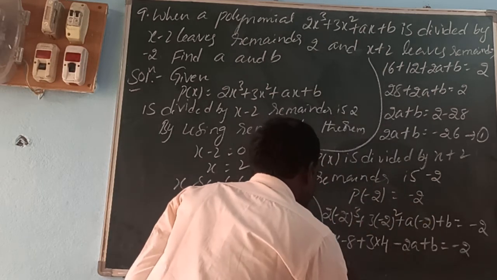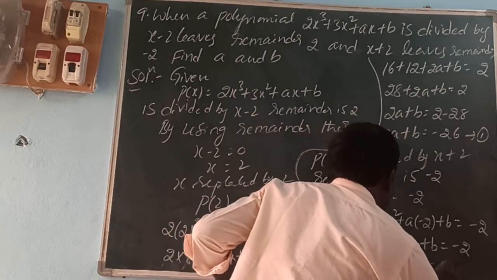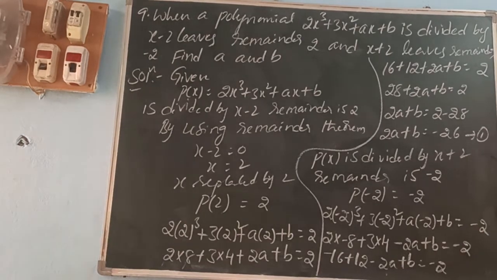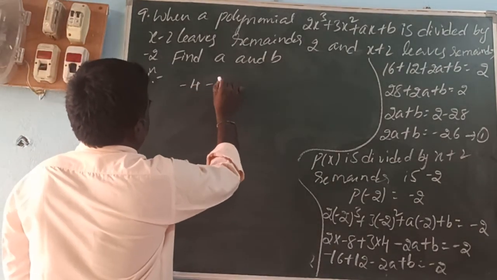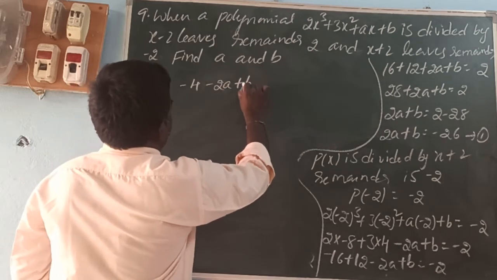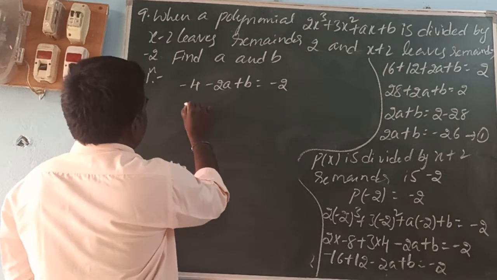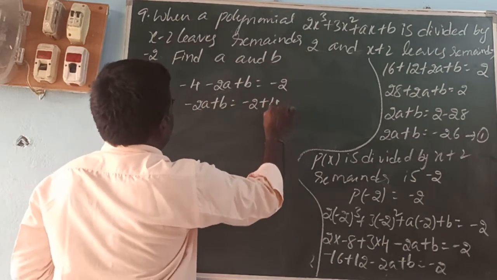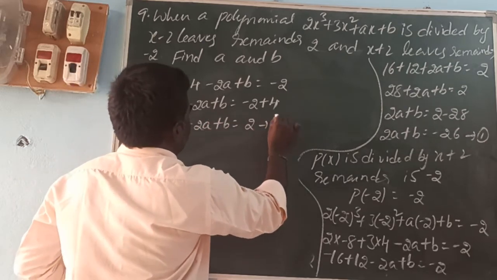So minus 16 plus 12 minus 2a plus b is equal to minus 2. Minus 16 plus 12 is minus 4, minus 2a plus b is equal to minus 2. Minus 4 goes to the other side: minus 2a plus b is equal to minus 2 plus 4, minus 2a plus b is equal to 2. So it is equation 2.